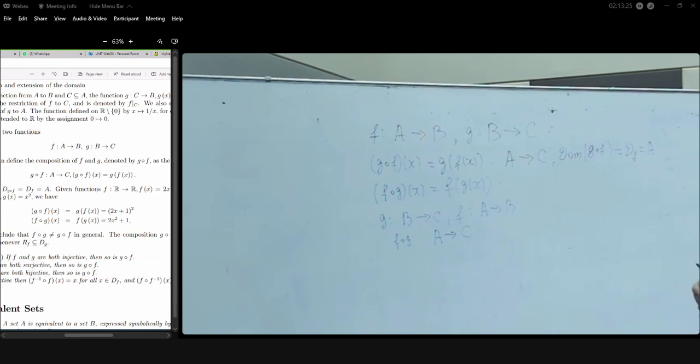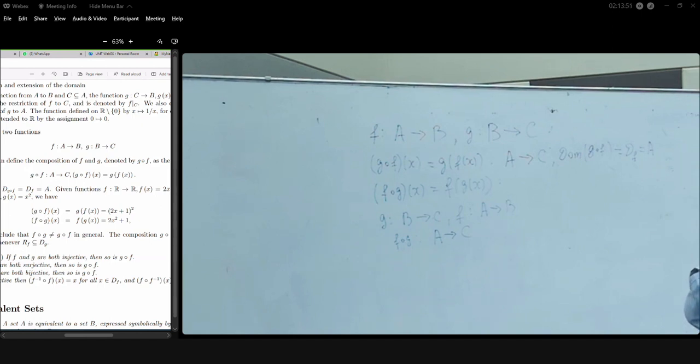So here, what I am going to say, we conclude that they are not equal. The composition is well defined whenever the range of f is a subset of the domain of g.